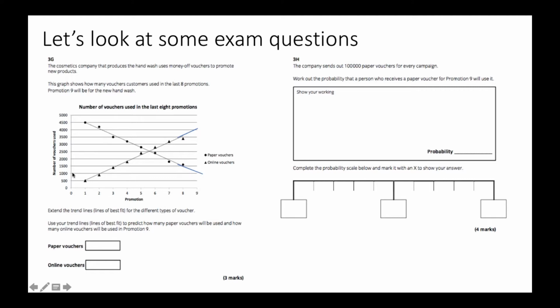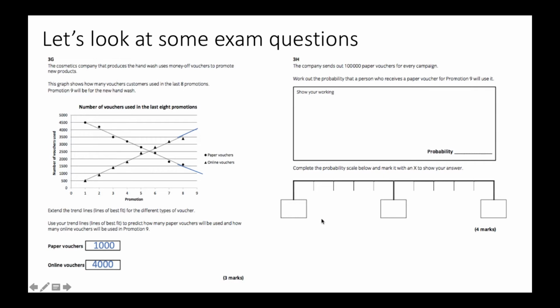Now it's near enough 1,000, maybe 1,100, but I've gone for 1,000. It will give you a bit of leeway, and to be honest, I think I have gone a little bit up with my line rather than gone as straight as possible. And then for the online vouchers for promotion 9, I'm going to go up, and it looks about 4,000 to me. So 1,000 there and 4,000 there.